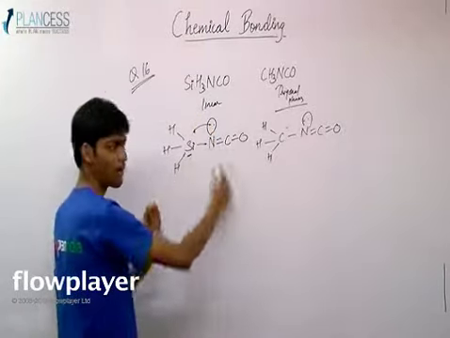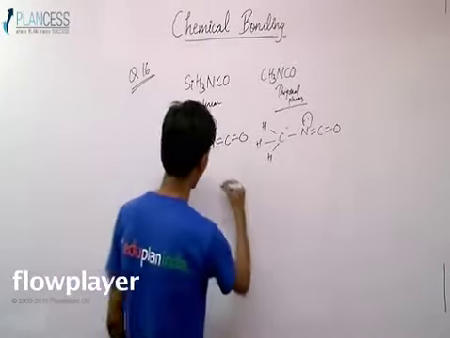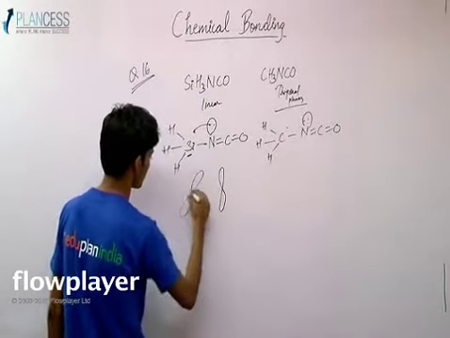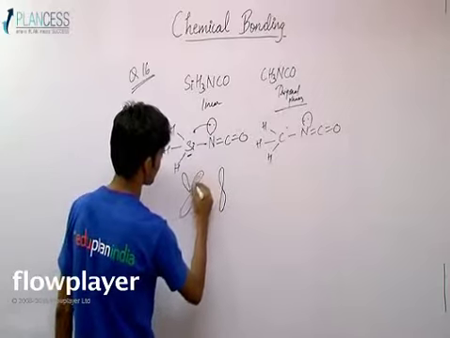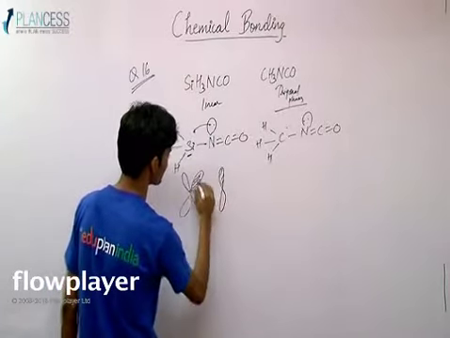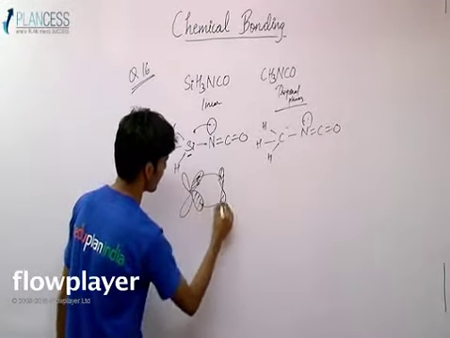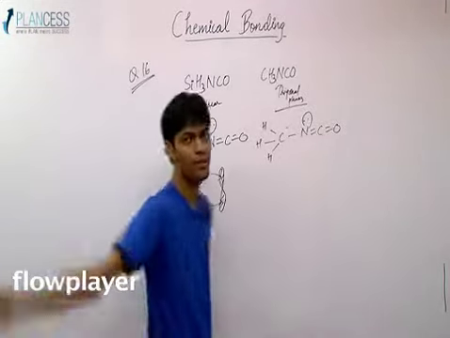So this is the back bonding example, that it's p pi d pi. It would be something like this. This is p orbital, and this is the d orbital. So this density and this density will overlap, and in here this density and this density will overlap. So this will form the p pi d pi back bonding.